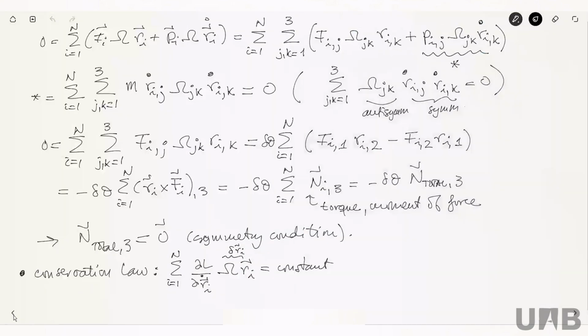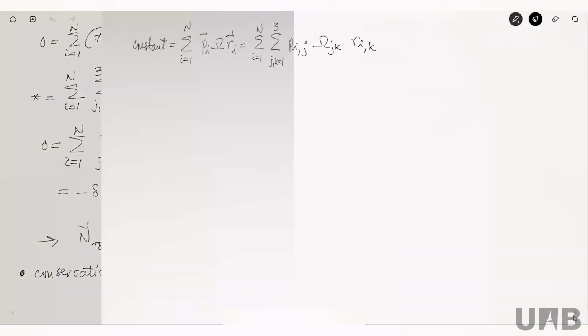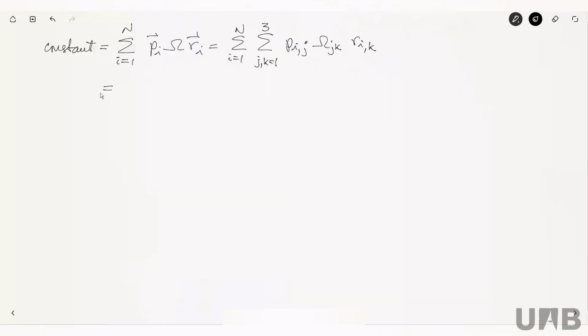Remember this calculation. The sum of F component J, omega Jk, Rik, this thing is nothing but the cross product. So here, I can copy the result and say that this constant also has to be the cross product. So that's going to be minus delta theta, as before, the sum from I equals 1 up to N of Ri cross product Pi, third component, exactly as I did before when I was computing the moment of the force.